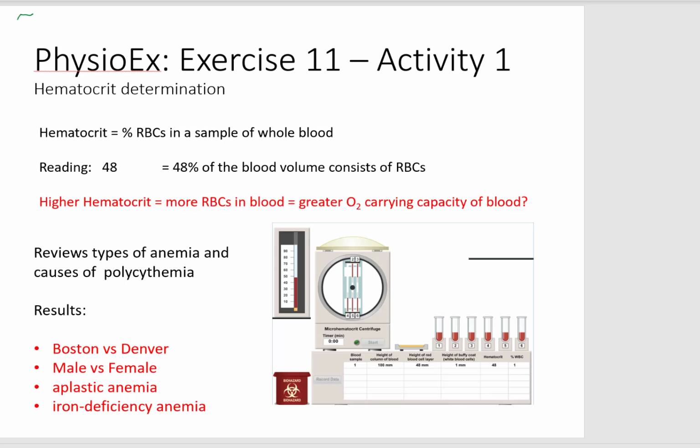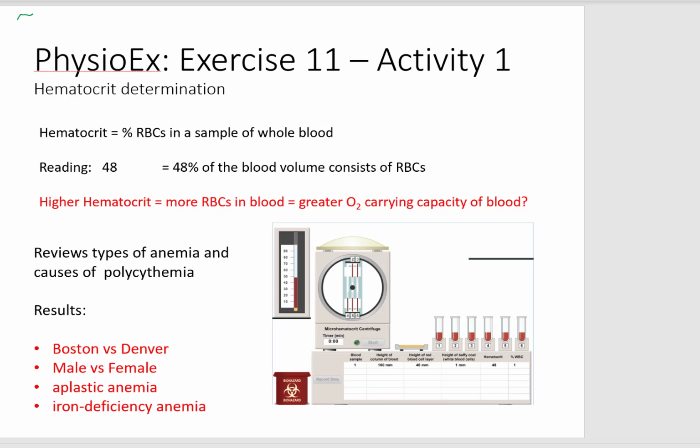And what I want to talk about is the importance of these patients that PhysioEx selected for us. First of all, male versus female. We should know at this point that men typically are bigger creatures than females. So therefore they would have more blood volume. But additionally, men have different hormones than women in quantity.